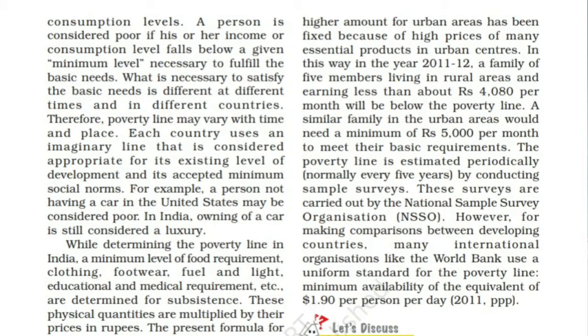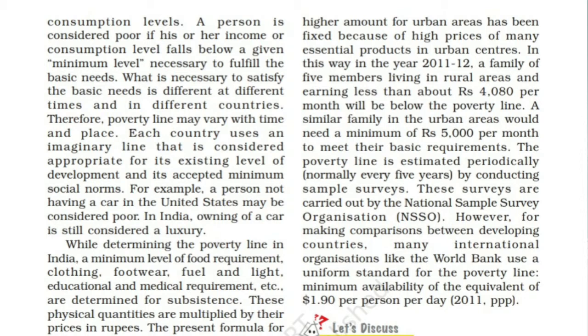So in this way, in the year 2011-12, a family of 5 members living in rural areas and earning less than about rupees 4,080 per month will be below the poverty line. How did you get this 4,080? Because how many members does the family have? 5 members.